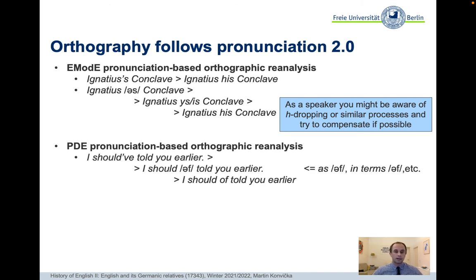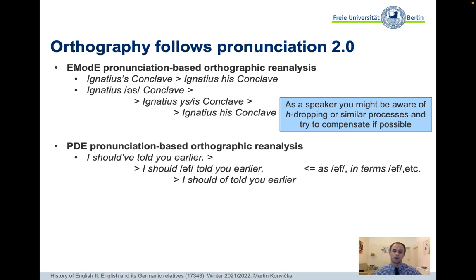An example of this would be the way of spelling have as of, right? So you have a sentence such as "I should have told you earlier", right? So the first line tells you how it's supposed to be written. But if you pronounce it actually like "I should've told you earlier", similar to "as of", "in terms of", and so forth, and if you have something that sounds like "of", you might actually write it as "of".